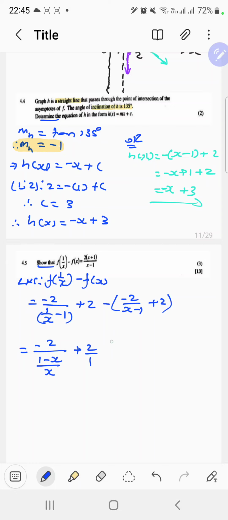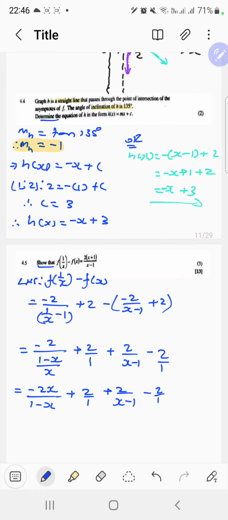Great stuff. And then when we sort this out, it's going to be a plus 2 over x minus 1 minus 2, okay? That is what happens. And then of course this is over 1, so we already have fractions, so this one is not done. When we sort this out nicely into a single fraction, it becomes minus 2x over 1 minus x, and then here we're going to have a plus 2 over 1 plus 2 over x minus 1 minus 2 over 1.